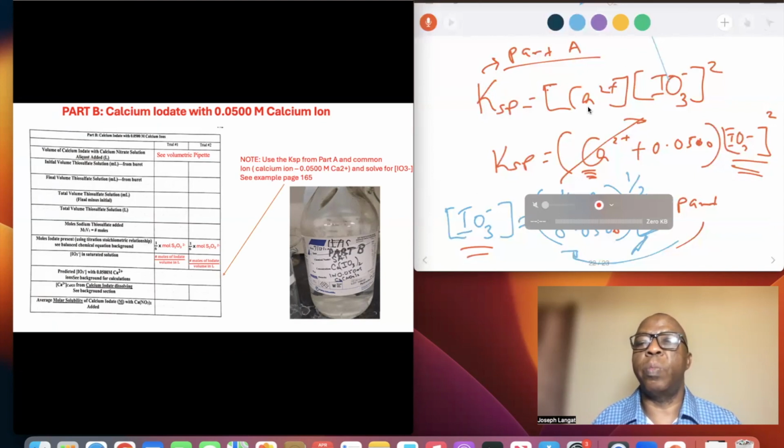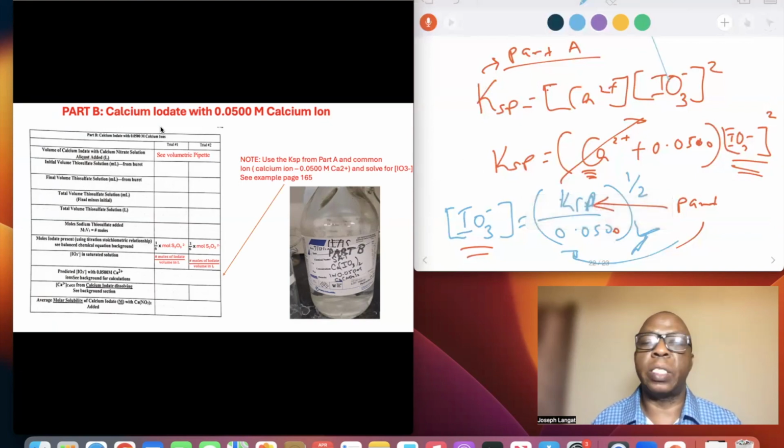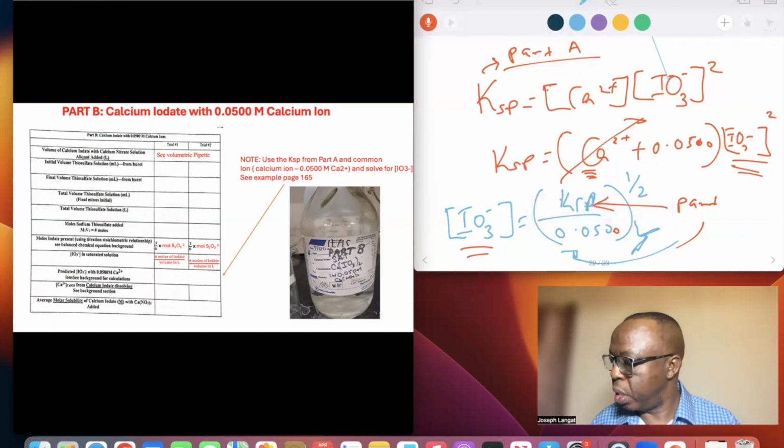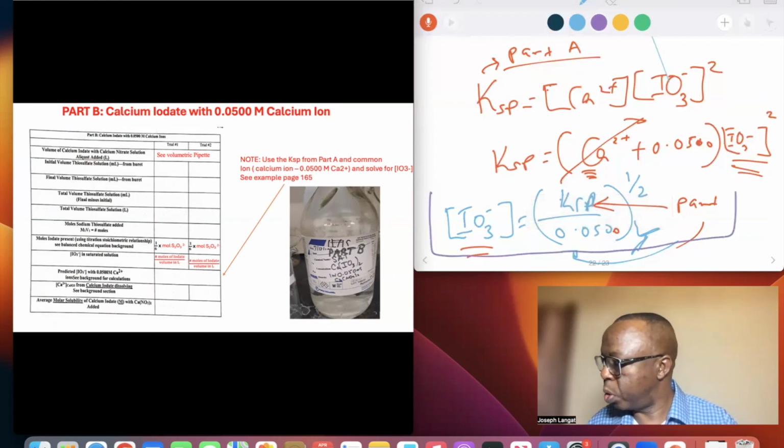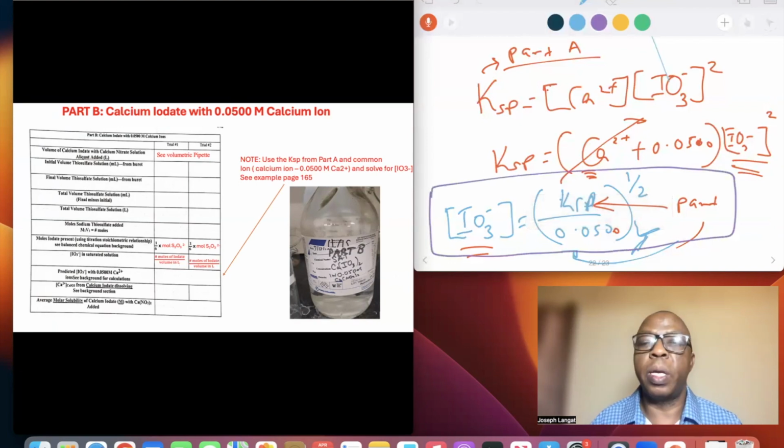Now, with the common ion, the concentration of calcium from calcium nitrate will suppress the concentration of calcium ion from calcium iodide. This is how you set up your equation to find the predicted concentration of iodide ion.